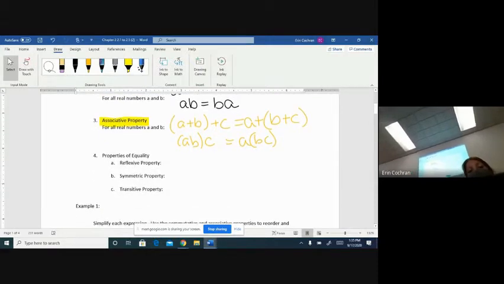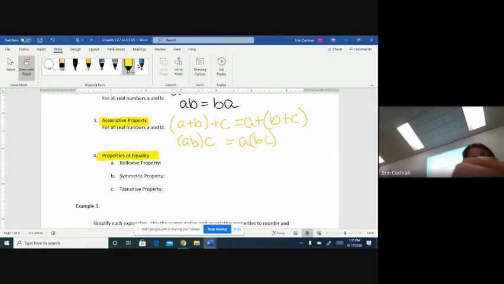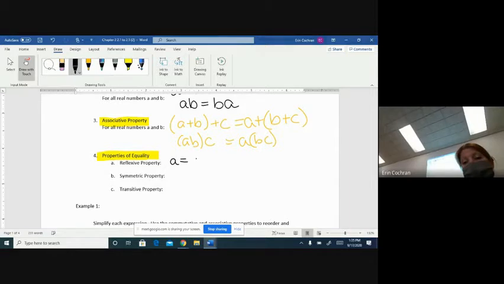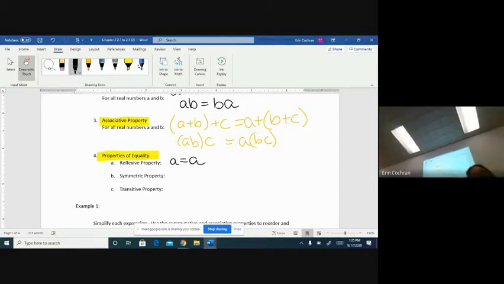All right, your properties of equality, there are 3 of them, okay? You'll see a lot of these in geometry next year. So it would be good to memorize these ones too, okay? The reflexive property says A equals A, 2 equals 2, 3 equals 3, right? It's a reflective property. You look in the mirror, you're going to see your reflection. It's the exact same thing, right? Okay.